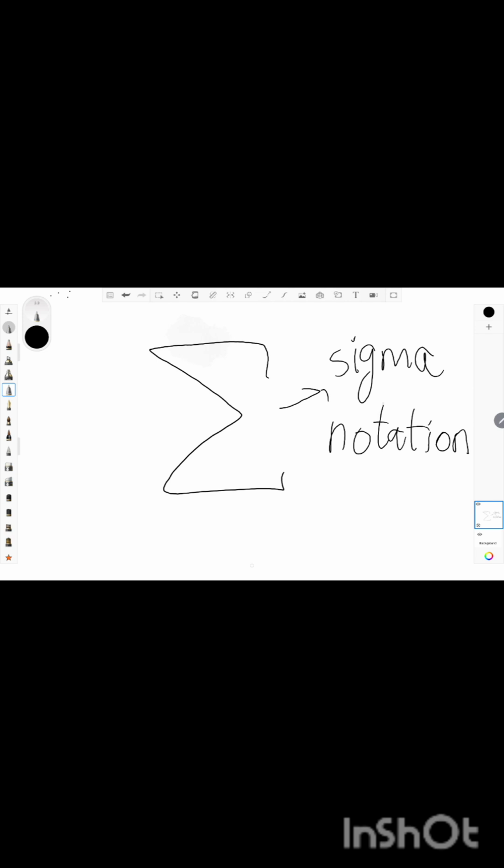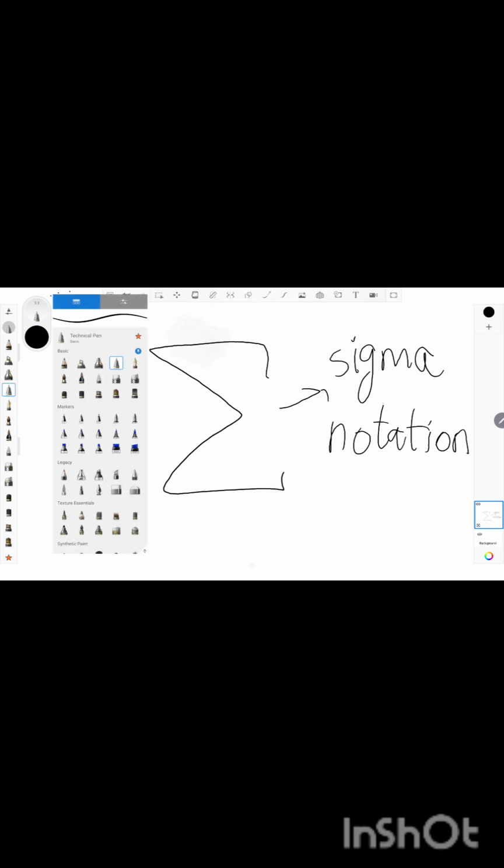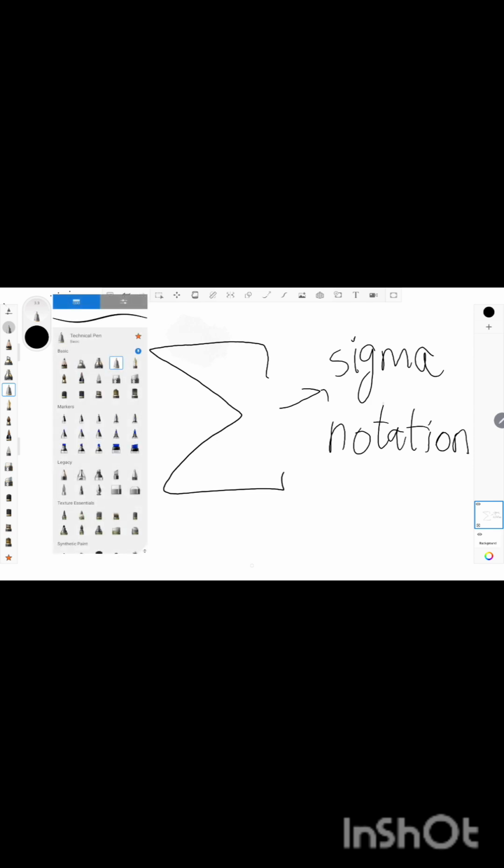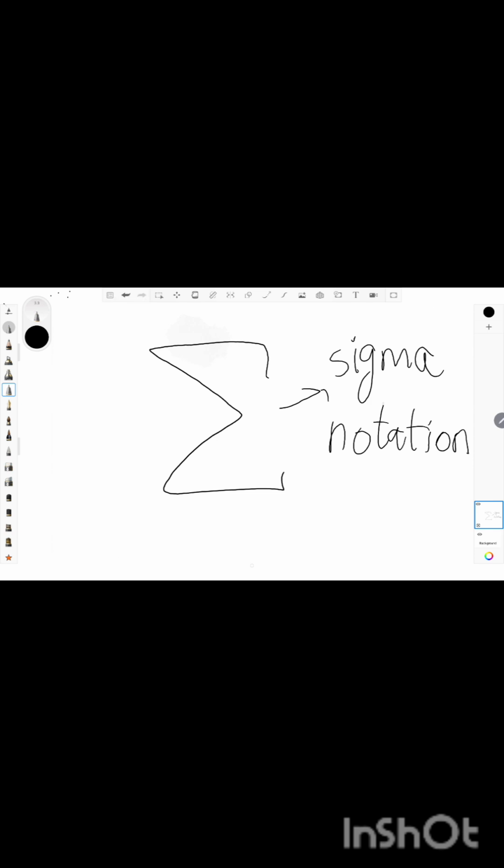So I'm gonna erase this entire thing. I don't know how to use this yet. So I'm just gonna, I guess use an eraser. Hold up.